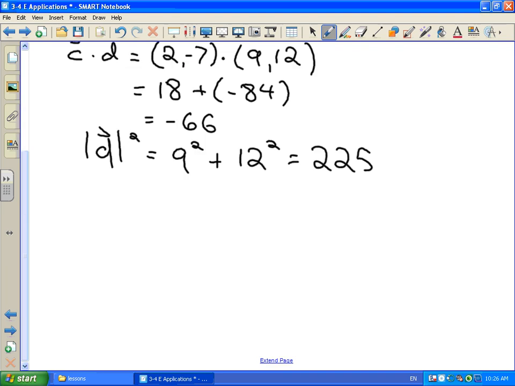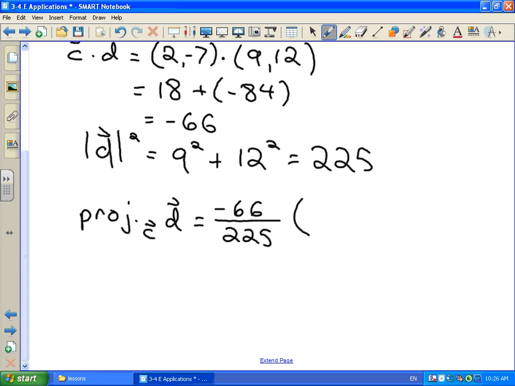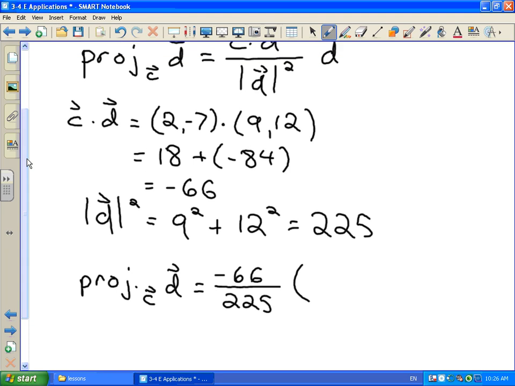The projection, again, we're doing the projection of C onto D, is going to be, we had -66 in our numerator, 225 in our denominator, and we want to multiply this by our vector D. Well, vector D was 9, 12. So we've got this scalar, -66 over 225, that we're multiplying by this vector, 9, 12.